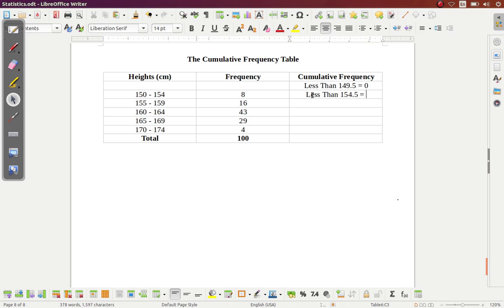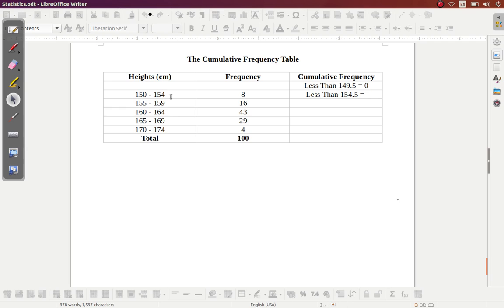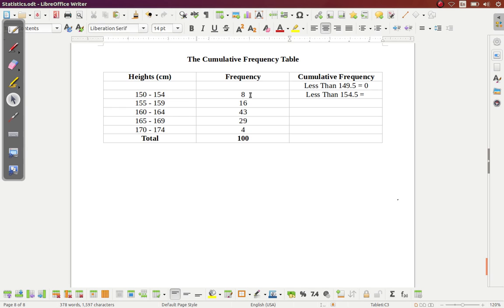Because remember, if they are taller than 149.5, you would start putting them into the 150 group, because 149.5 would round up to 150. And if they went up to 154, not reaching 154.5 yet, say 154.49, you would round them back down to 154.